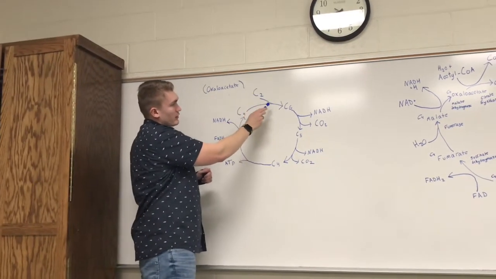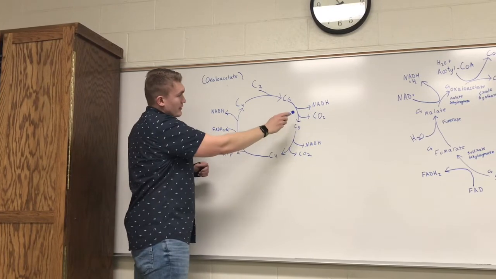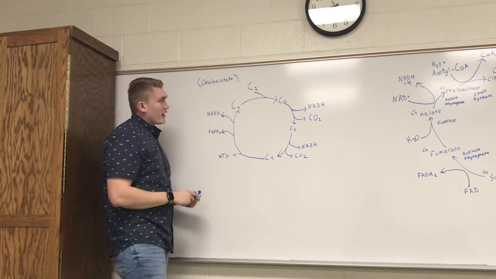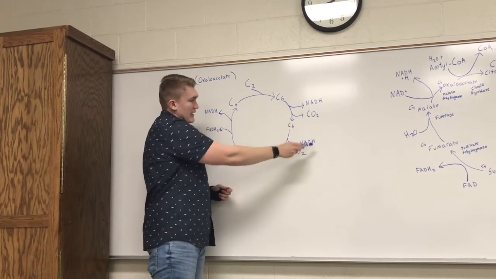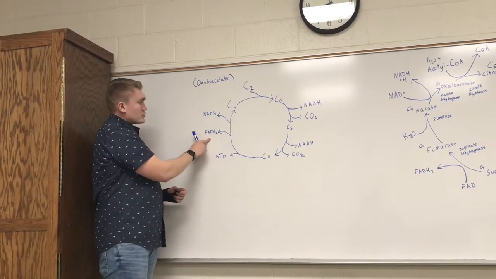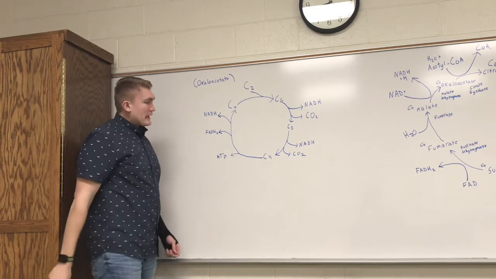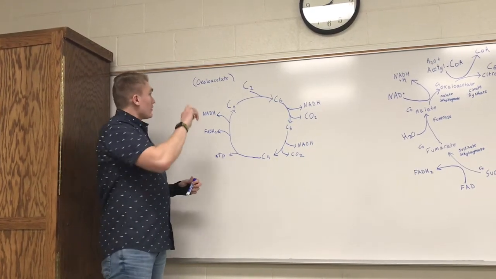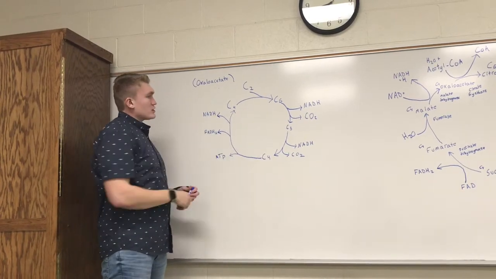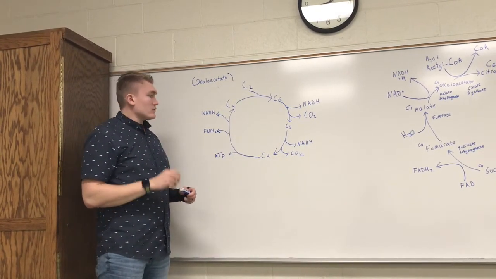Acetyl-CoA is a 2-carbon molecule, forms a 6-carbon molecule. It goes around the ring, and we're creating our high energy intermediates, NADH and FADH2, along with a little bit of ATP. And so for each molecule of glucose, it drives 2 turns of the citric acid cycle.